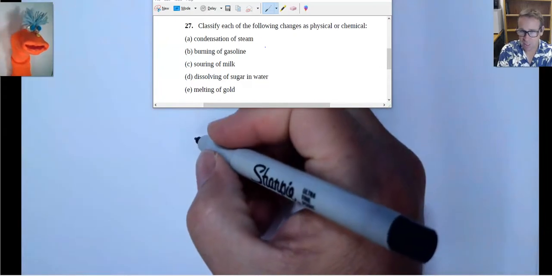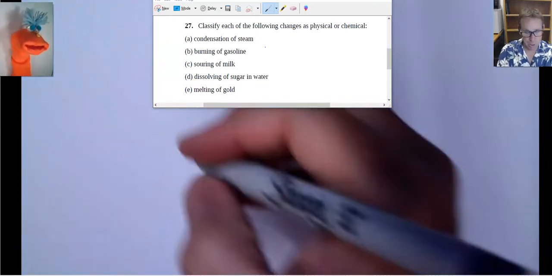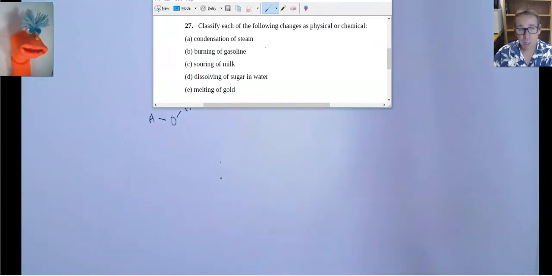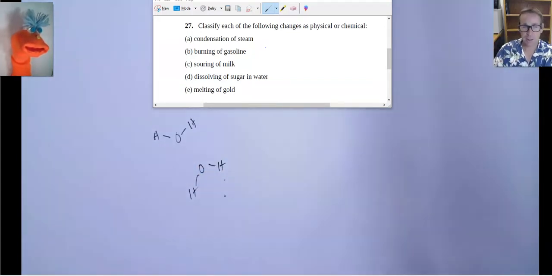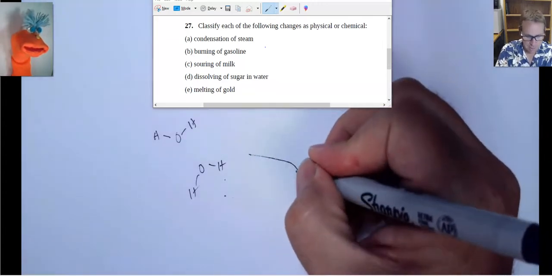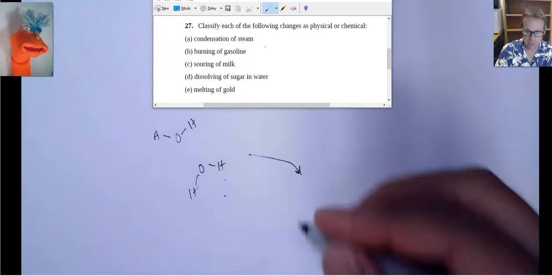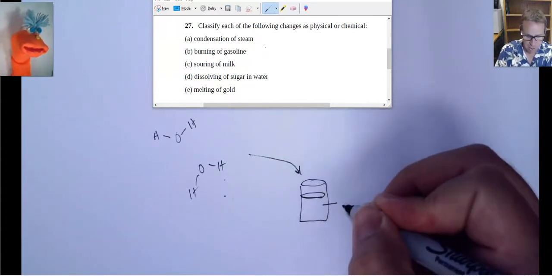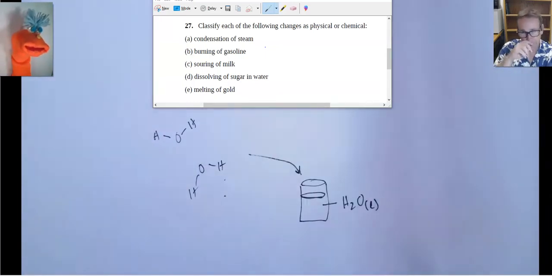So if I have steam, that is water vapor floating around, water molecules that are warm enough that they don't stick to their neighbors, so they float around separate from each other in the air, but they condense. Condensation means they are combining into one body of liquid, and that forms water in the liquid phase. All right.